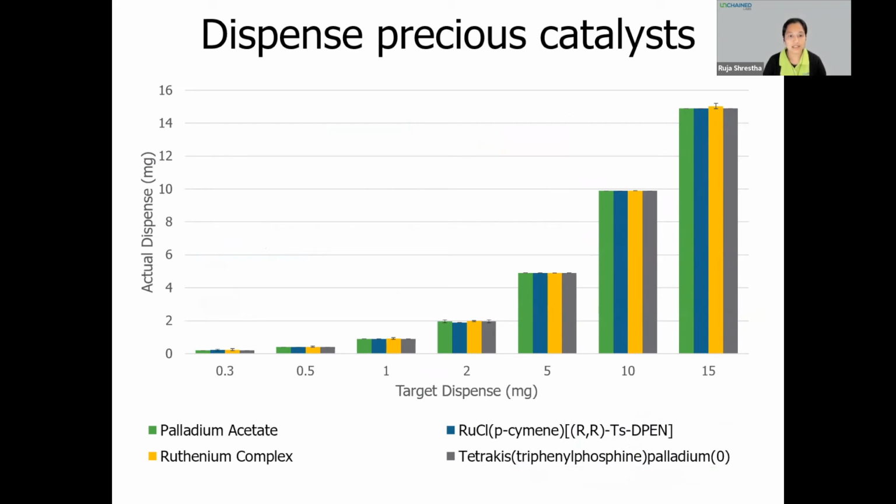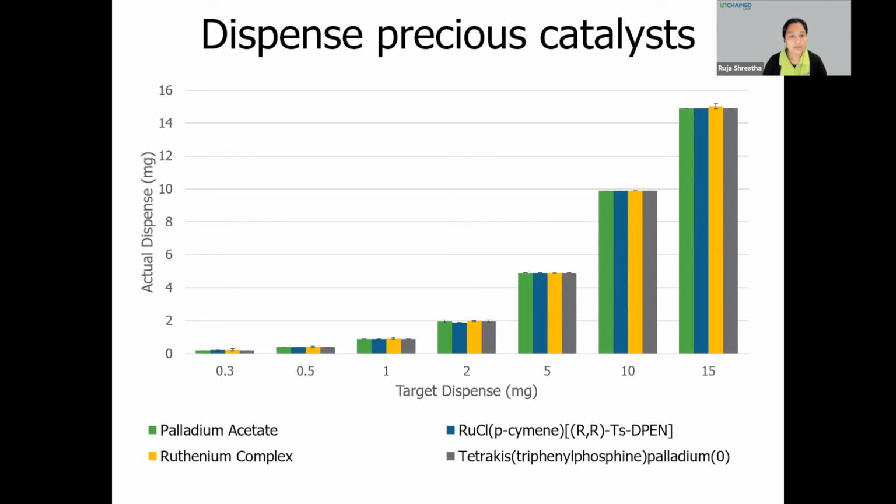Both SV and classic hoppers can dispense less than 1 milligram, as well as a few milligrams of different catalysts with high precision and accuracy. You can specify dispense tolerance for your dispenses, and with the learning algorithm that's involved, actual dispenses are right on target within the specified tolerance.